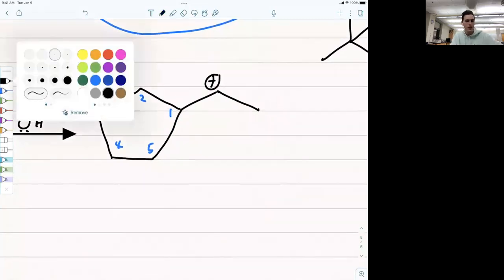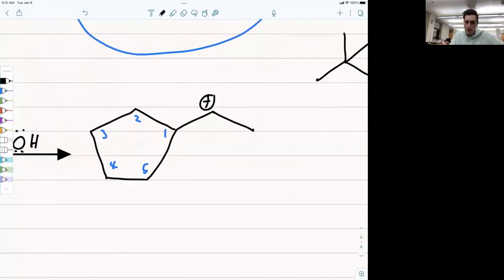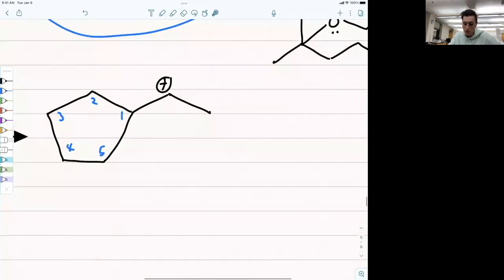Doesn't look like anybody sees it, but we're actually going to do a ring expansion. This is one of our types of rearrangement, because over here I have a cyclopentane, which I can make into a cyclohexane using my ring expansion. So what will happen is my carbocation here will come into this ring like this.